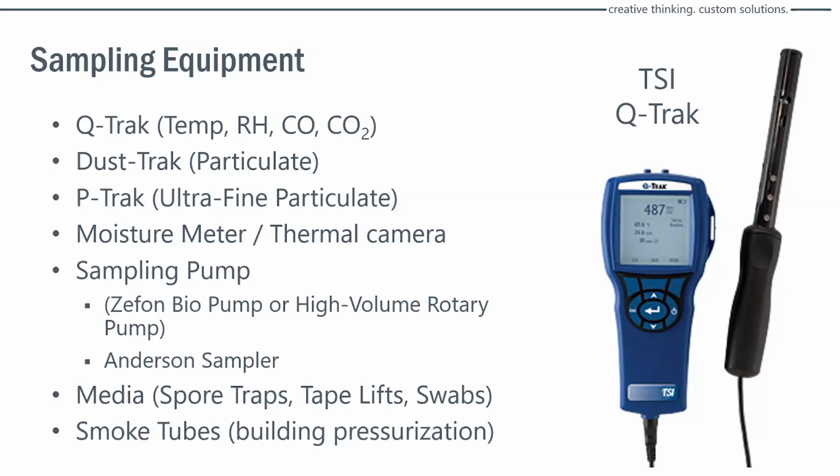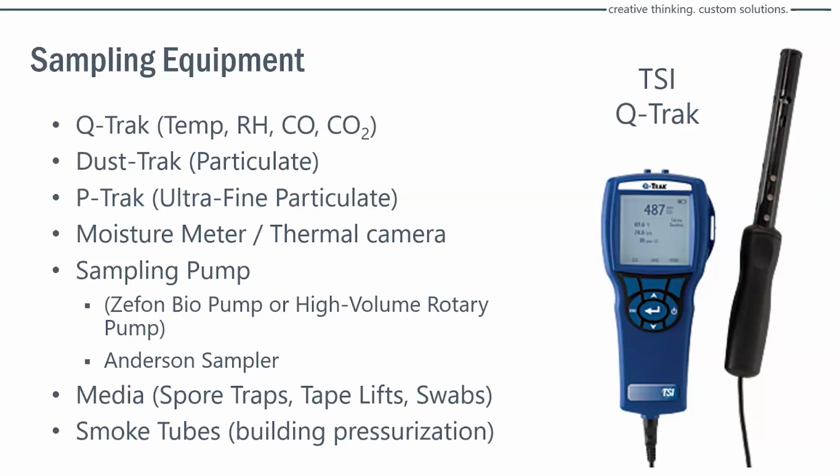You can also do some air sampling. That's something we do pretty frequently when we do assessments. We'll use media. There's different media that you can use. Spore traps are sort of the industry standard right now.